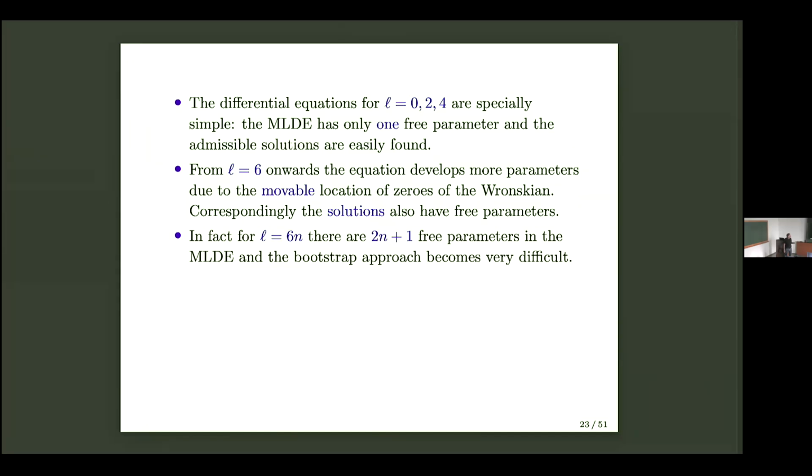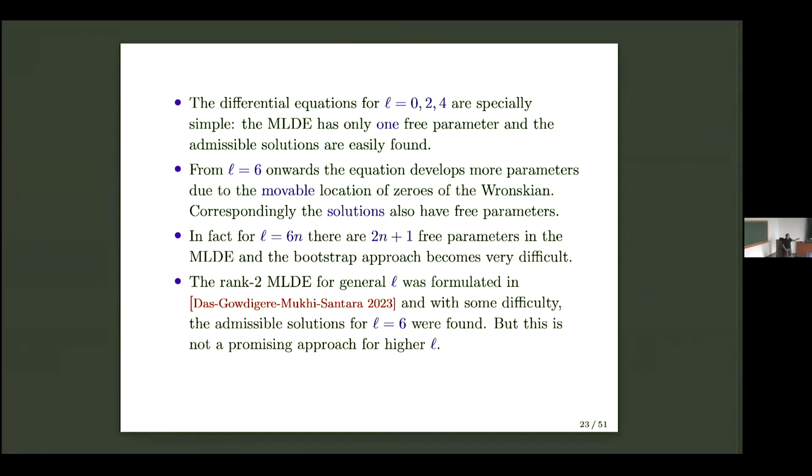In fact, for L equals 6n, the MLDE has precisely 2n plus 1 free parameters. And the bootstrap approach becomes very difficult. We did address it in a paper in 2023, and we actually solved the L equals 6 case, but it was quite tough going, and it's not the easiest way to do things.